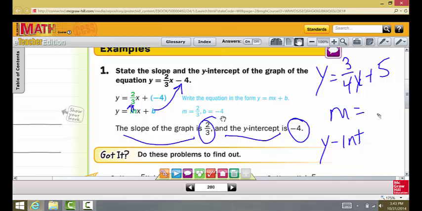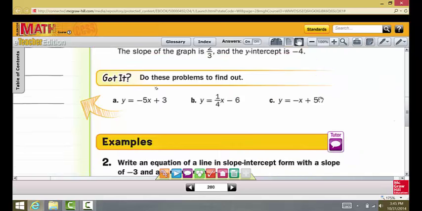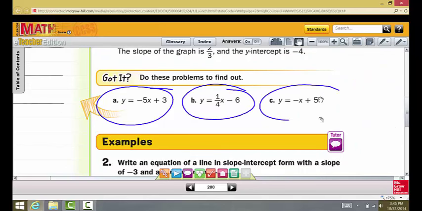Fine, we have y-intercept. So obviously m equals 3/4 because that is the coefficient. Remember, that's how we say that. That's the coefficient of x. And the y-intercept equals positive 5, and of course we can just write that as 5. Okay, please press pause and do A, B, and C.